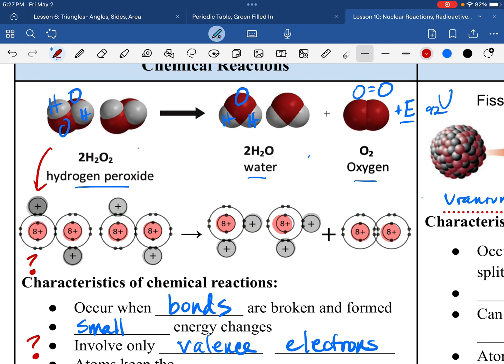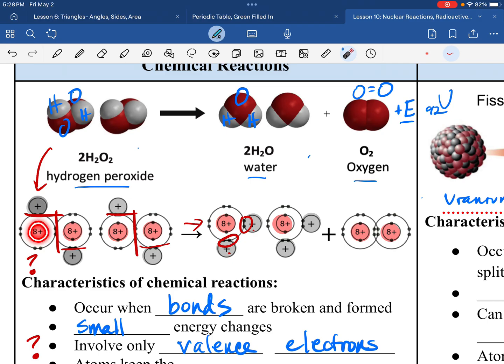Okay, and then when some of those bonds break, right? Those bonds will break, then new bonds are formed, right? Now we have bonds between one oxygen and 2 hydrogens to make water, and again, just the valence electrons. Notice the inner electrons never got involved at all, right?